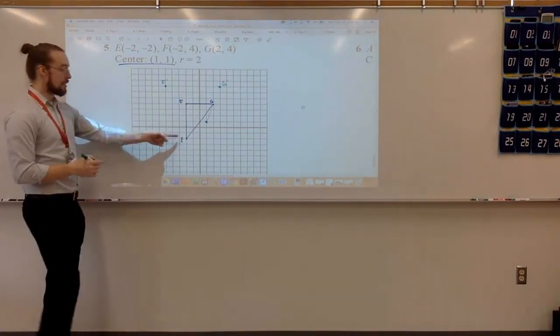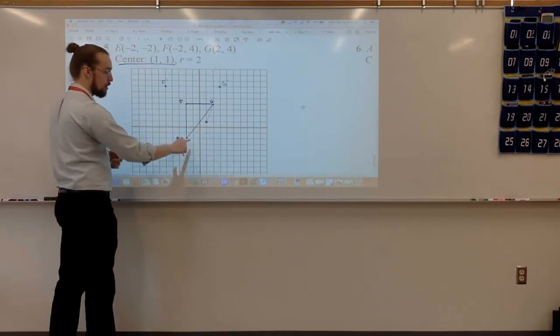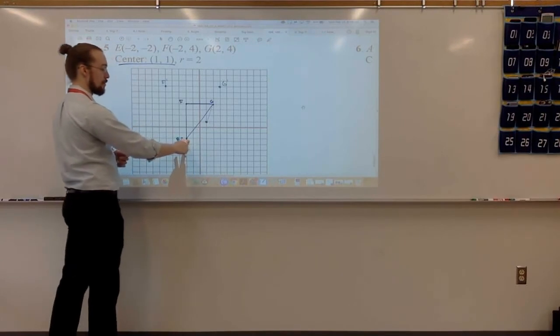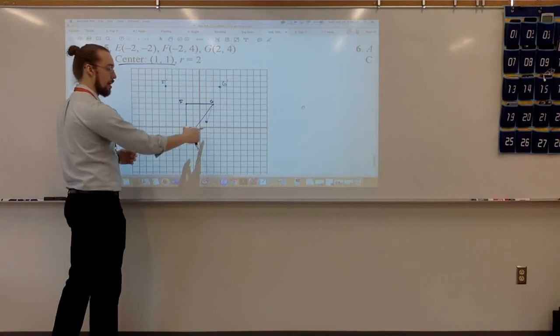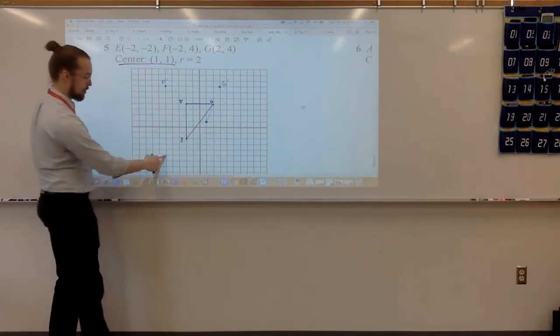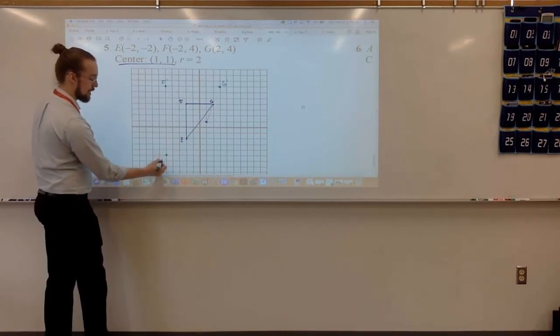Same thing for E. Right? So from my center of dilation to E, I'm going down 3, left 3. So from my center of dilation, I'm going to double that. I'm going to go down 6 and left 6, and that'll get me E prime.